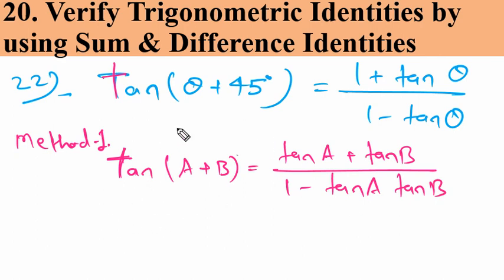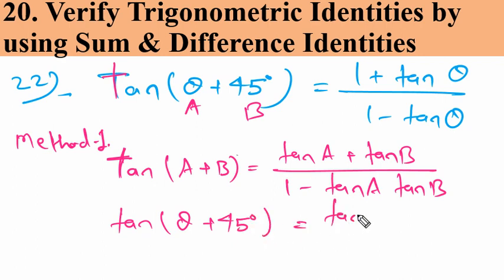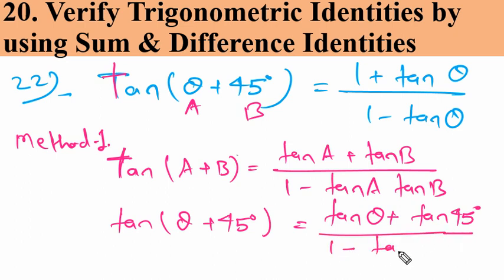Now A is theta and B is 45 degree. So when you put in tan theta plus 45 degree, that will give you tan theta plus tan 45 degree over 1 minus tan theta tan 45 degree. And tan 45 degree is nothing but 1.